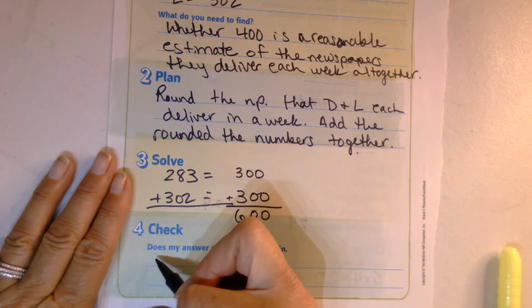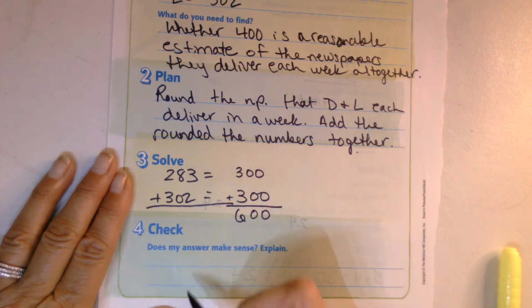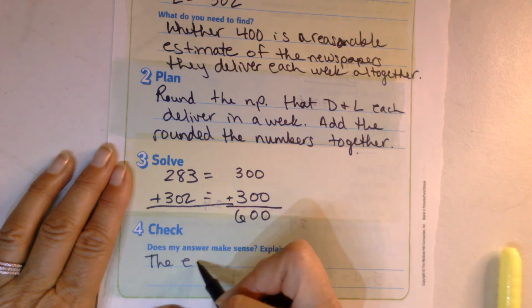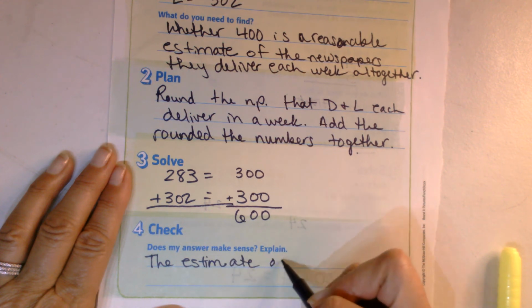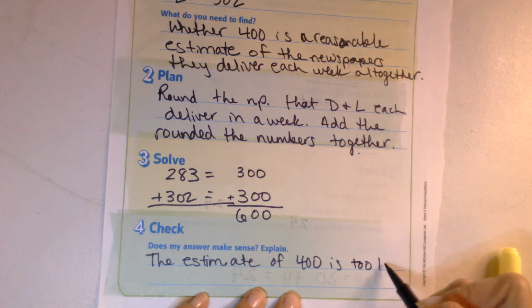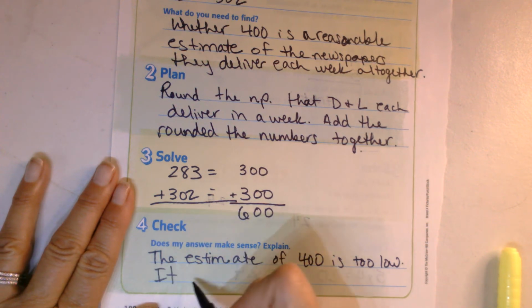Does my answer make sense? My answer makes sense that it should be 600, but it's not close. The estimate of 400 is too low. It is not reasonable.